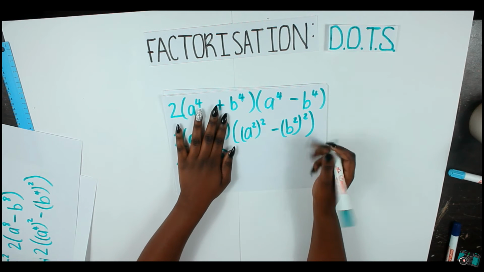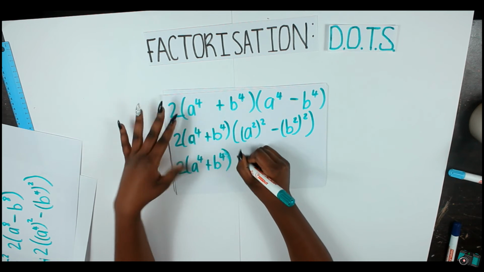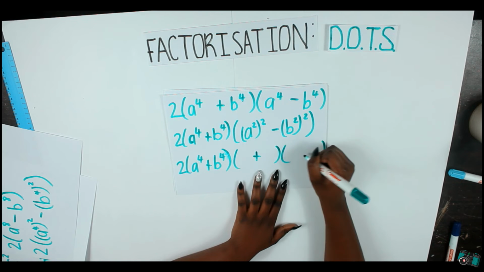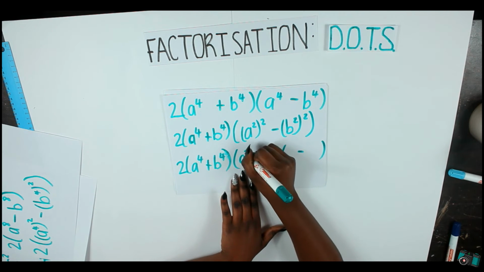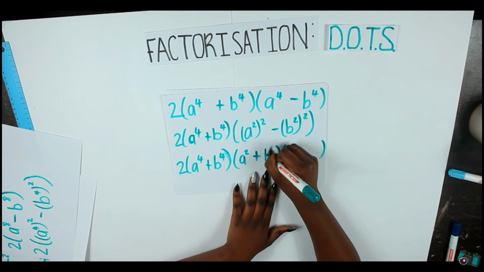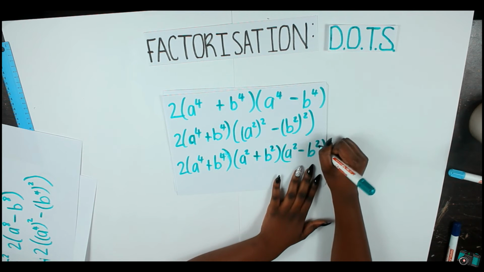This just stays the same. Introduce your 2 brackets, plus minus, a squared, b squared, b squared, b squared.